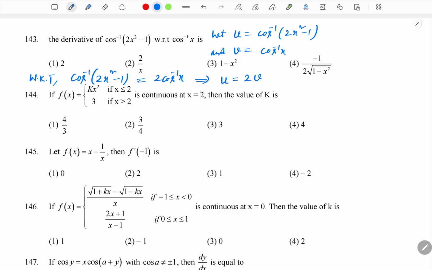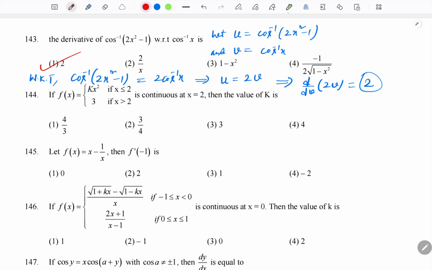Now differentiate according to the question, u with respect to v. Then d by dv of 2v is nothing but 2. What is my answer here? 2 is my answer. Yes, it's option number 1.